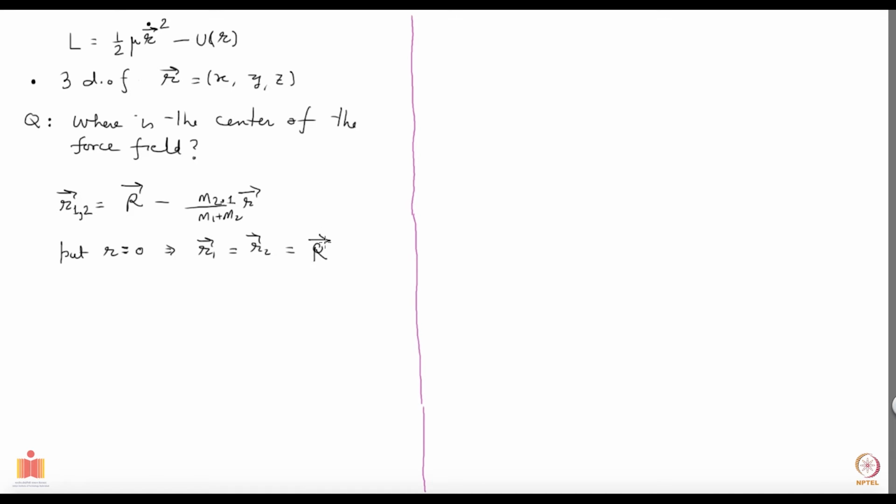So your r equal to 0 corresponds to both the particles being situated at the center of mass.